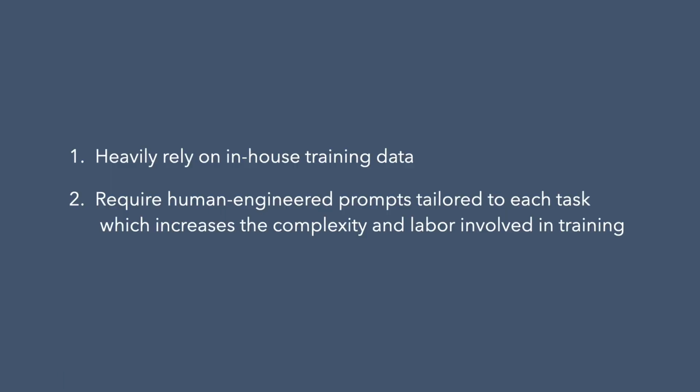However, existing methods still have a few limitations. They either rely heavily on in-house training data, or they require human-engineered prompts tailored to each task, which increases the complexity and labor involved in training.